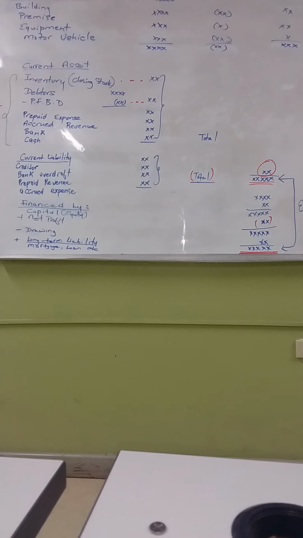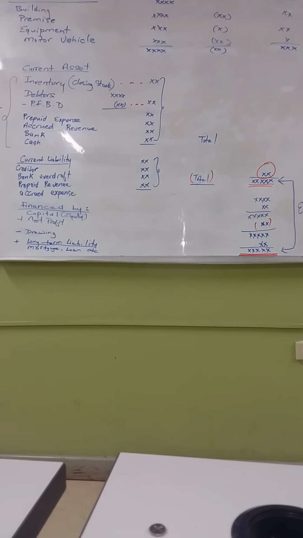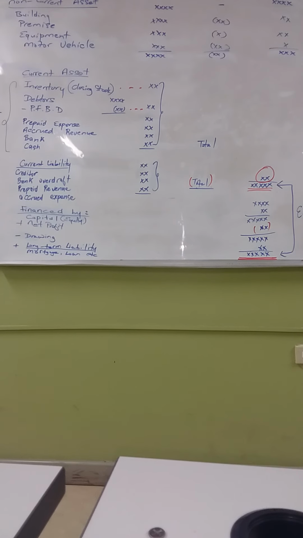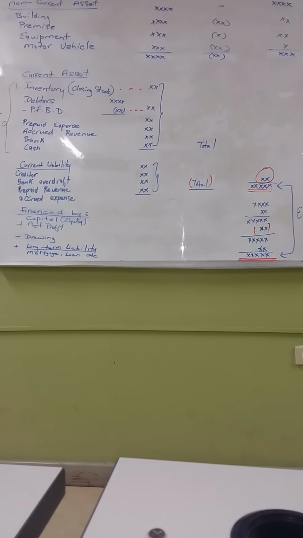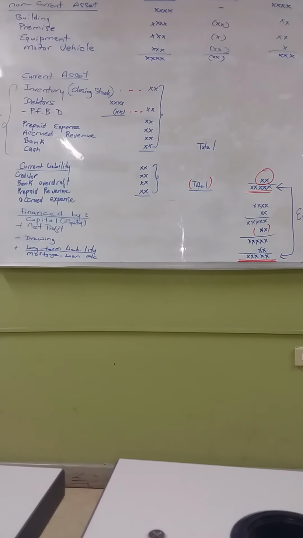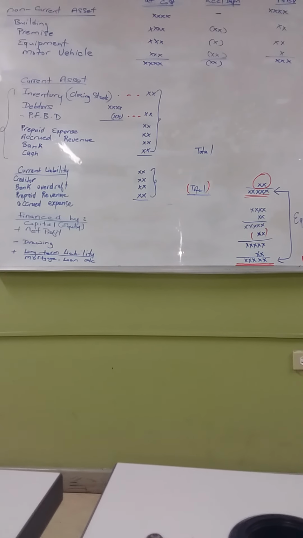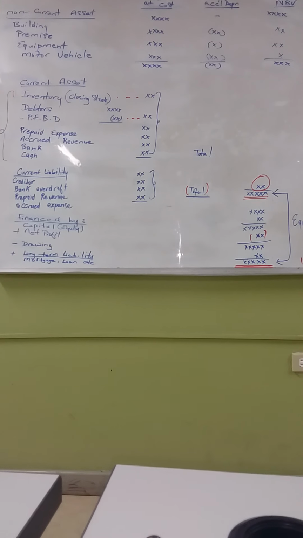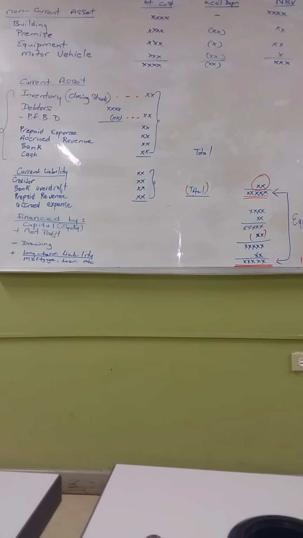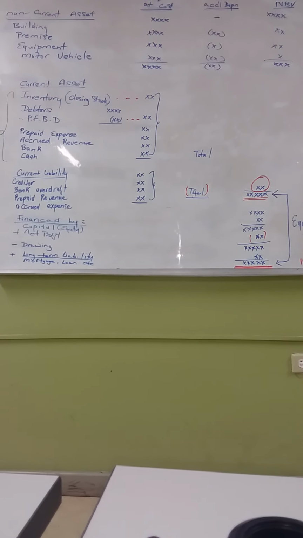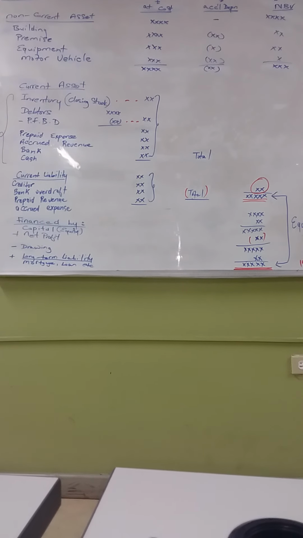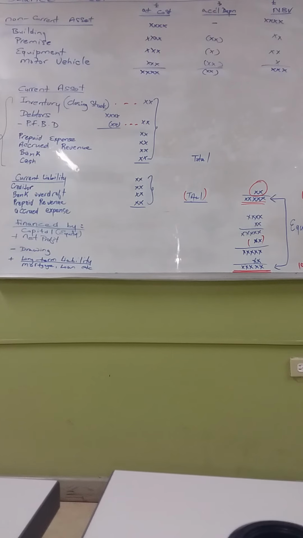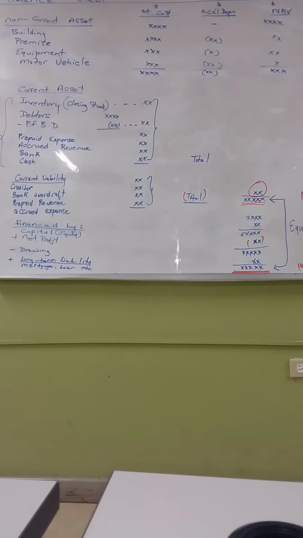So accrued revenue makes reference to, take for example, rent received. Rent received would have been a revenue. If your tenant is supposed to pay you $10,000 for the month, but they were facing financial difficulty, COVID-19 is here, they called you as the landlord and said, listen, I can only come up with $8,000 for this month, just give me another 2 weeks and I'll pay you the additional $2,000.